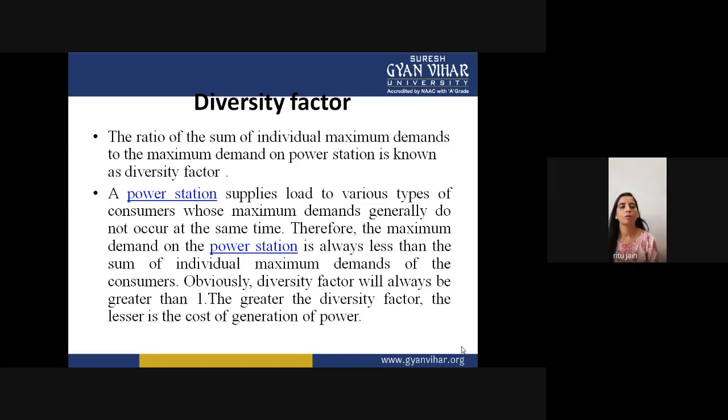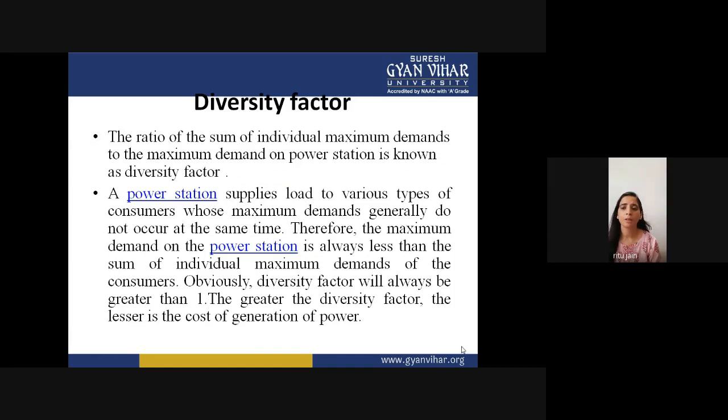So load factor is always less than 1 and diversity factor will always be greater than 1, because it is the ratio of the sum of individual maximum demands divided by the maximum demand of the power plant.